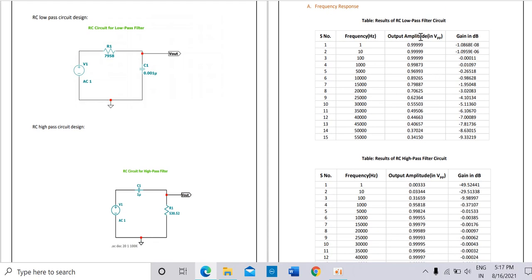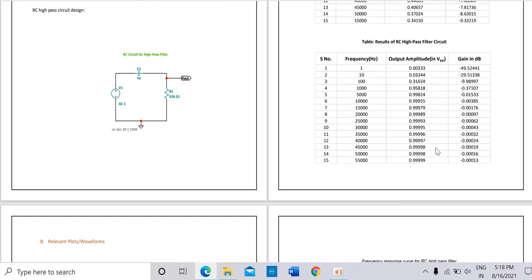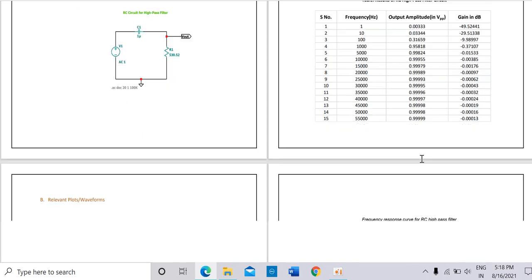Notice that for the RC low pass filter, at low frequency the amplitude is almost equal to 1, and as it passes 20 kilohertz it gradually starts to decrease and becomes very small. Similarly, for the RC high pass filter, note that as frequency increases it slowly starts to increase, and at high frequency it almost becomes equal to 1.